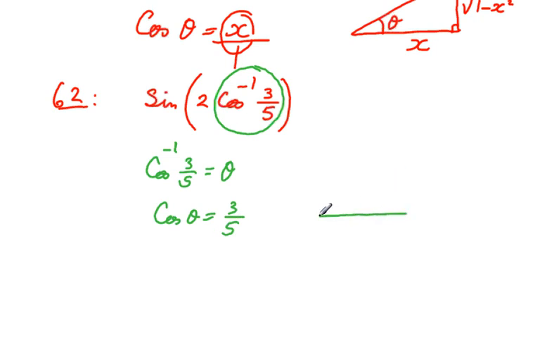Cosine is 3/5. Tell me something about a triangle that kind of matches this situation. Something about the sides. What can we say? So say this is my theta. Adjacent has to be 3, hypotenuse 5, opposite therefore automatically 4.